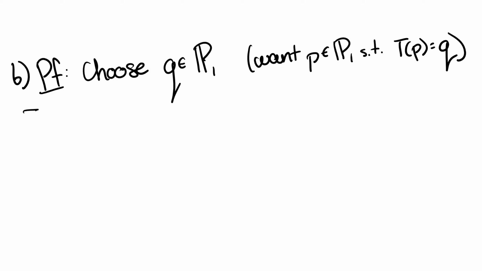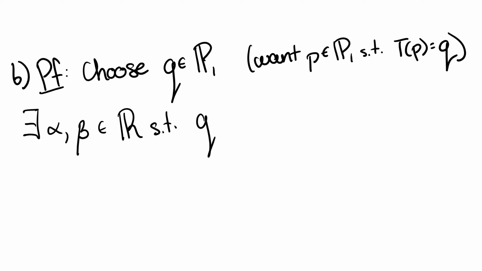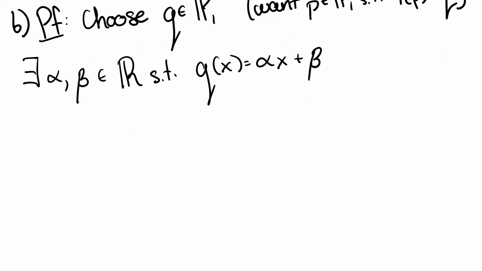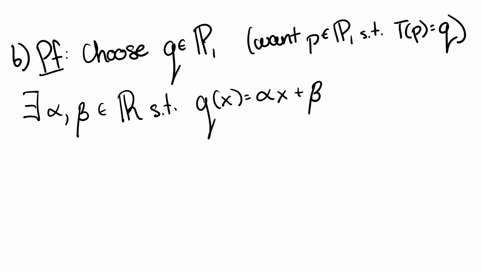So there exists, maybe I'll stick to alpha and beta, alpha and beta in the reals such that Q of X equals alpha X plus beta.